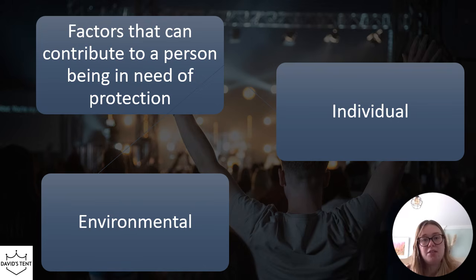It can also be down to individual factors, so that can include as well things like additional needs, health or disabilities, mental health, all of those other factors that can be at play within a person's life. It's about looking at those and seeing it in the situation and having that information to share if you think it is important to share under that safeguarding umbrella.